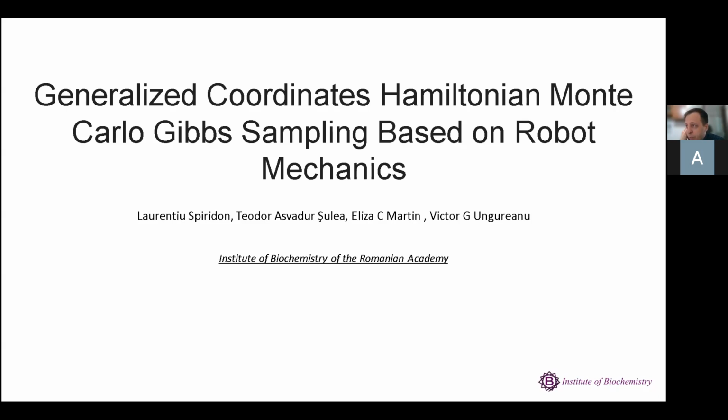The software that we started developing a while ago, and we're still developing now, is called RoboSample, because it's based on and uses algorithms borrowed from robotics. It's meant to be used for faster simulations and to get the conformational spaces a little bit faster.